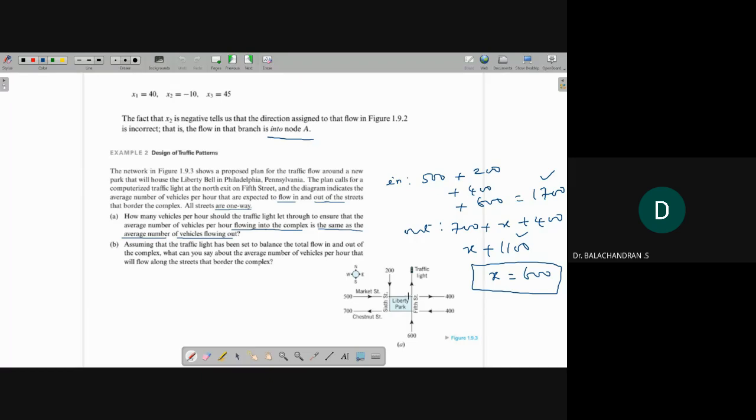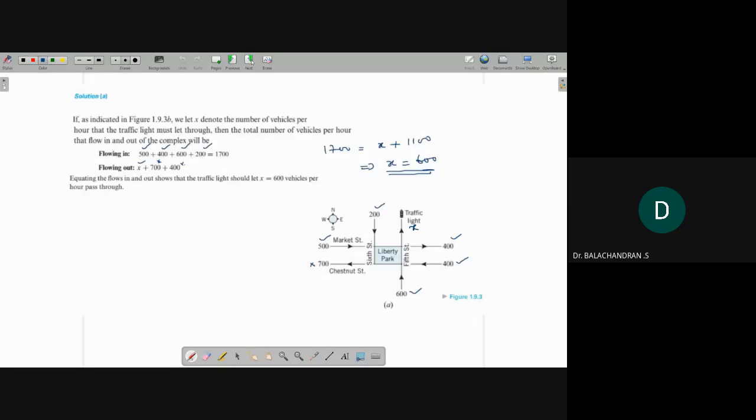So that means you need to find the values of x1, x2, x3, x4. Okay, we'll try to do it.